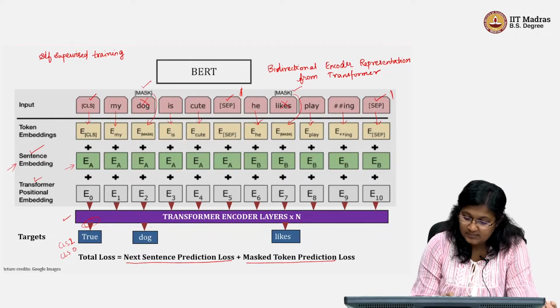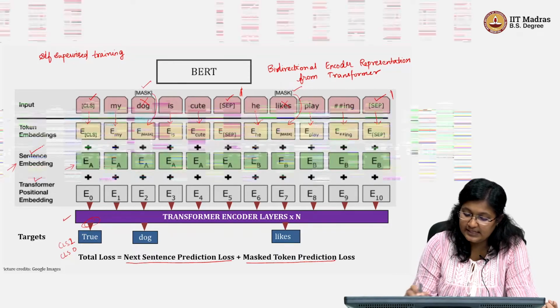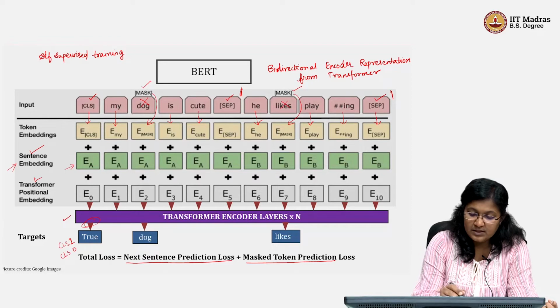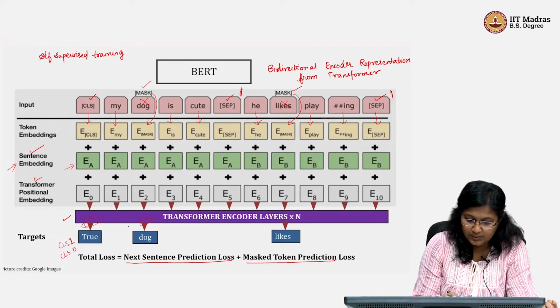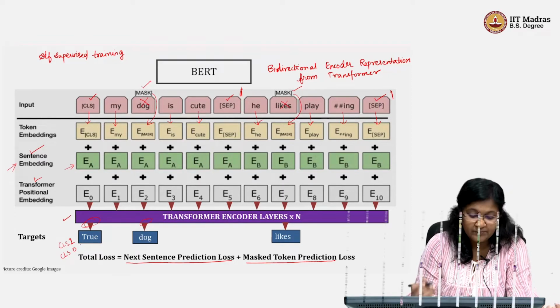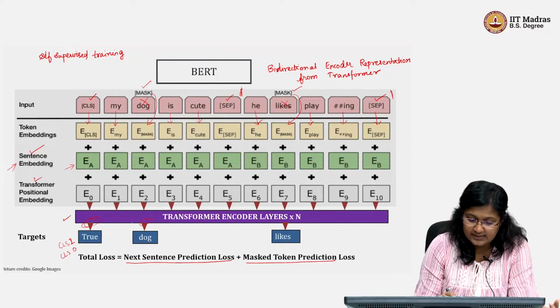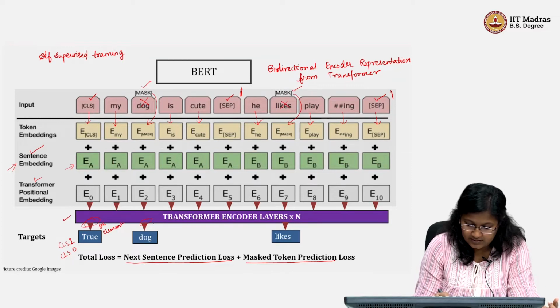After passing this data to the transformer encoder layers, you will tap the third element after the encoder. If I name them 0, 1, 2, it is the second element. This is the 0th element. This is the second element.